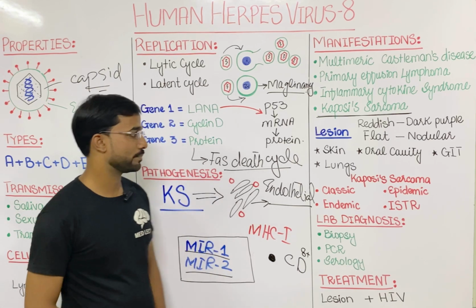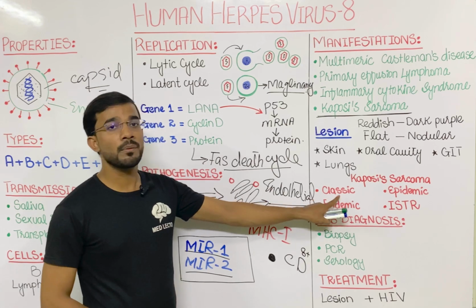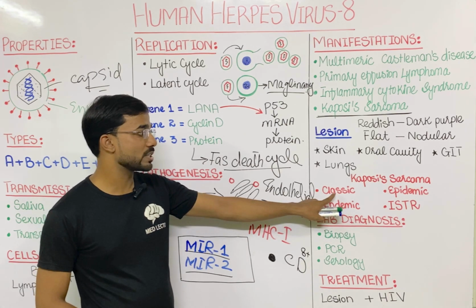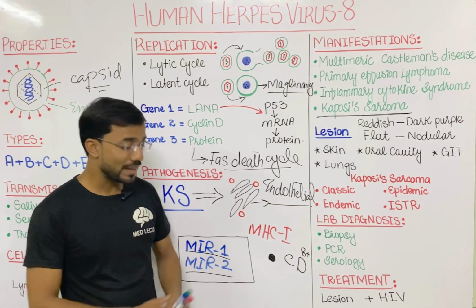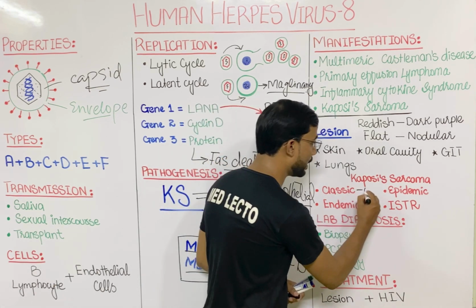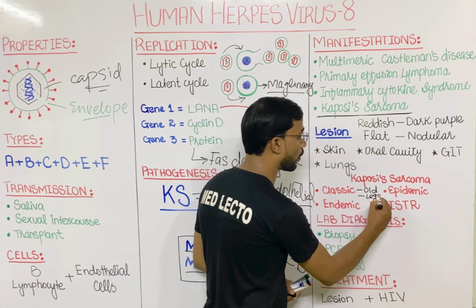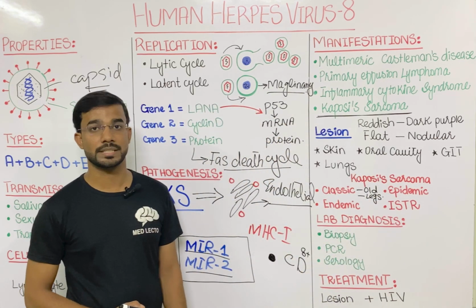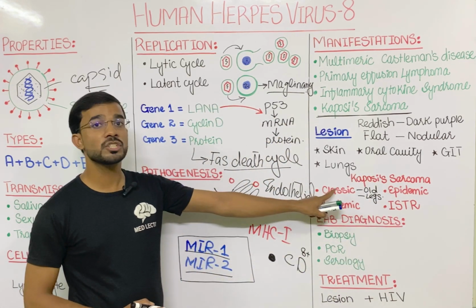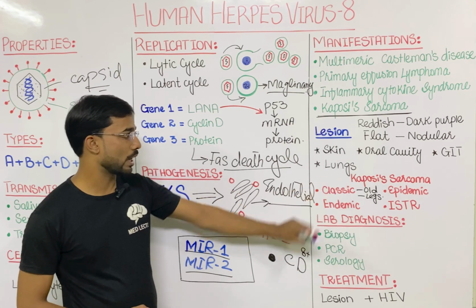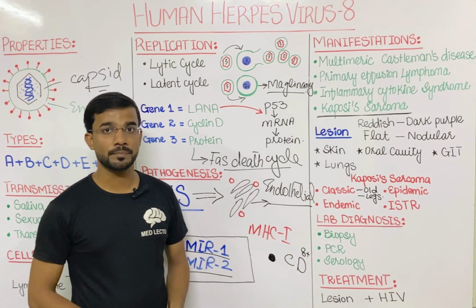You will see four most important types of Kaposi sarcoma. First is the classic type, which is mostly seen in old people, and you will see the lesions specifically on the legs. It is a slow growing Kaposi sarcoma. Next is the endemic type.